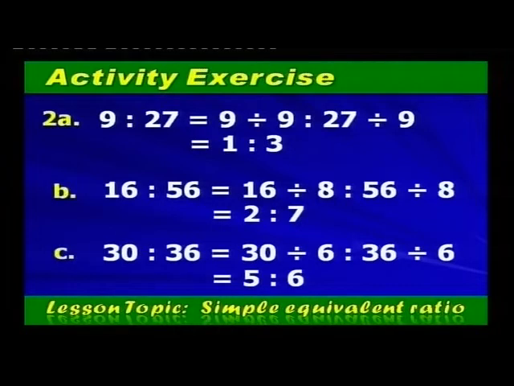Why 1:3? Because we divide by 9. 9 divided by 9 is 1. 27 divided by 9 is 3. Or you can also get 9 divided by 3, and you get 3, and then 27 divided by 3 is 9, but you will still simplify and get this answer, 1:3.